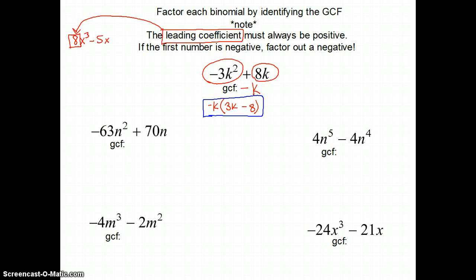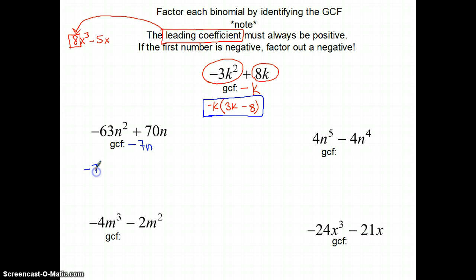Again, you may check your answer if you'd like by distributing that greatest common factor back in. Below to the left, my greatest common factor is going to be negative, so that my leading coefficient ends up being positive. And these two terms can both be divided by 7. Since the first has n squared and the second only has n, I may only take out a single n.